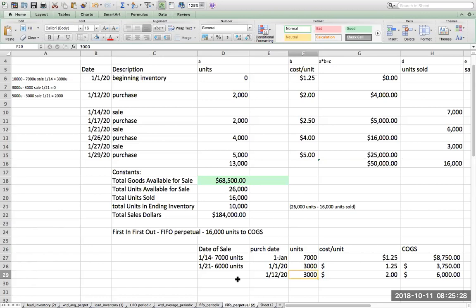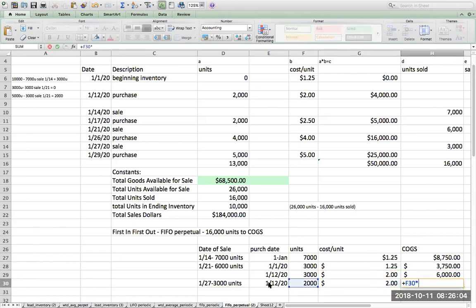Okay, go down to my next date of sale. I'm going in chronological order. And right over here on January 27th, I sold 3,000 units. So 1/27, 3,000 units. So where do I pull these from? First in, first out. So for this sale of 3,000 units, I'm going to grab these 2,000 units first, or 1/12/20, 2,000 units at a price of $2 per unit.